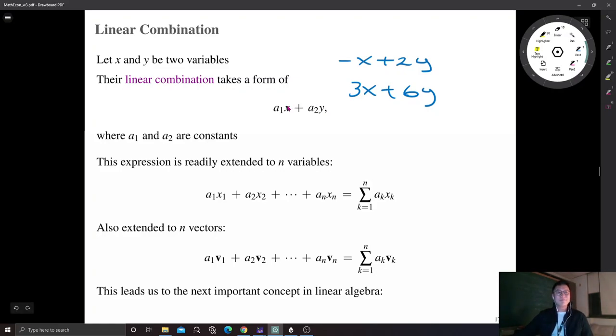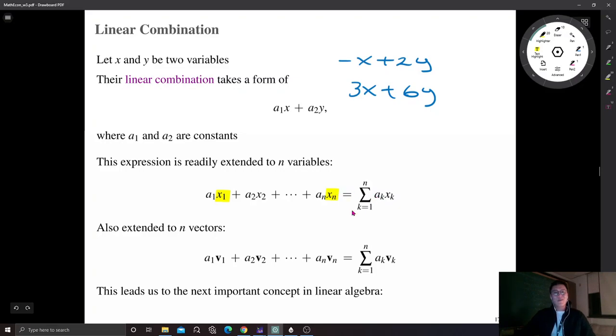This expression is extended to n variables. Suppose we have n variables from x sub 1 to x sub n, and the linear combination takes this form: the summation of a sub k times x sub k, where the subscript k goes from 1 to n.